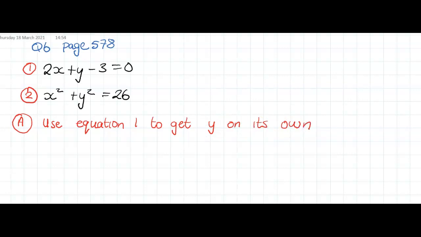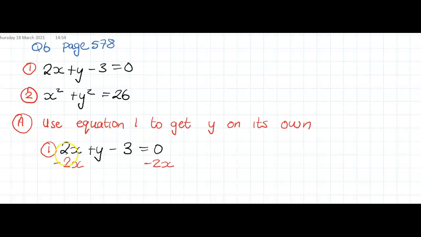So equation 1 is 2x plus y minus 3 is equal to 0. We're trying to get y on its own, so we take 2x off both sides.